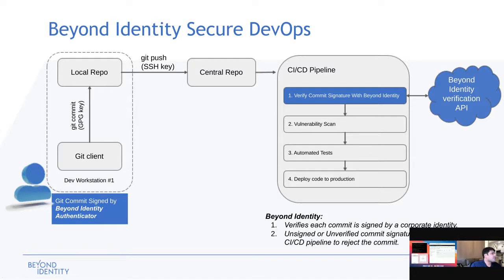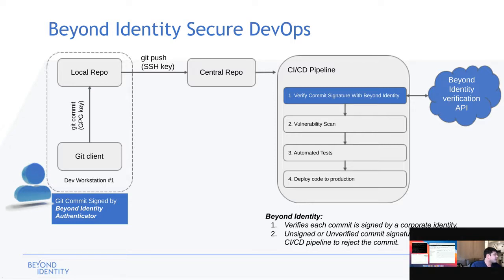So now I'm going to set up the Beyond Identity platform authenticator to sign my code commits so that the commit will be accepted into the pipeline. And it's pretty easy. This screen at the bottom left is the Beyond Identity platform authenticator. And what it really represents is sort of your corporate credential.